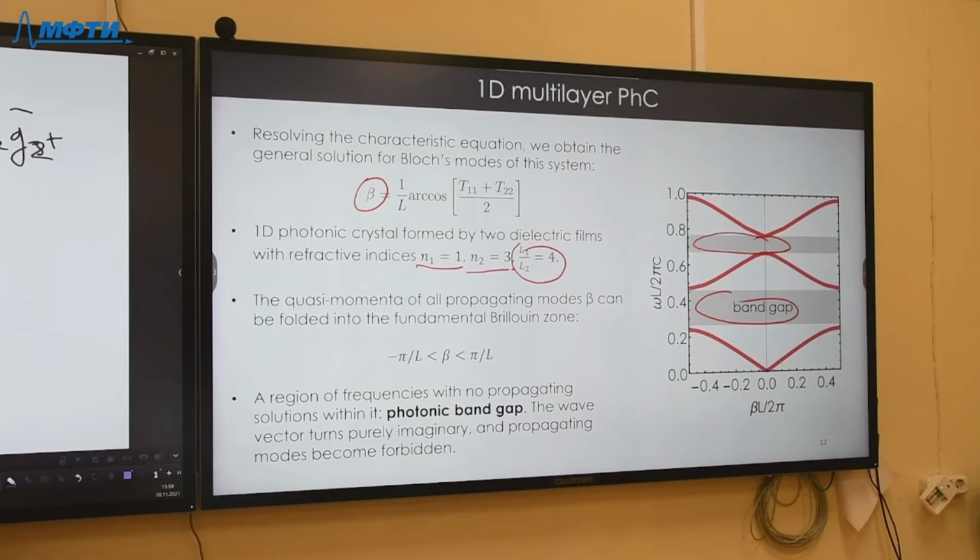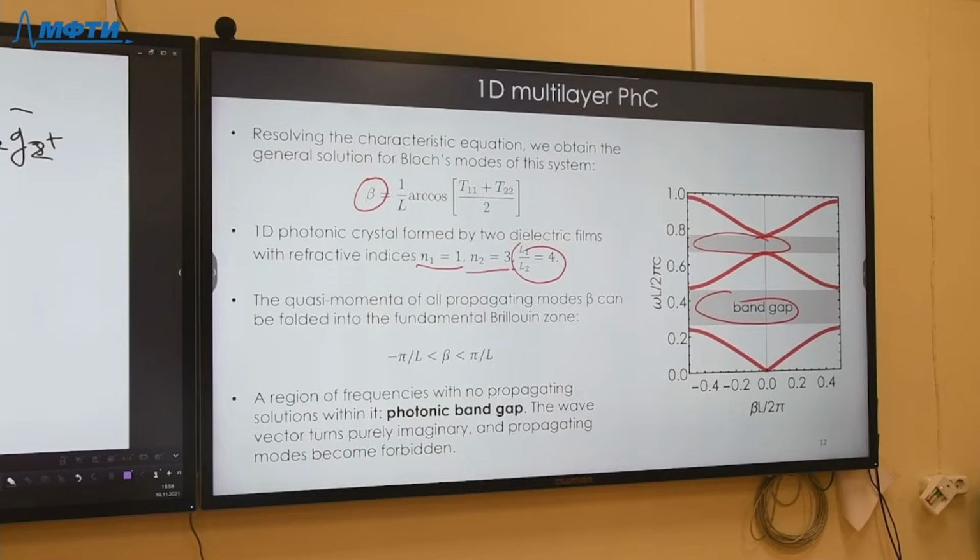And we have already seen a behavior like this when we studied surface waves previously. We saw that in some regions, which we called a stop band of a surface wave, our propagation constant turned imaginary, indicating the fact that the surface wave cannot propagate any longer. It will decay exponentially along the surface. And the same happens in photonic crystals.